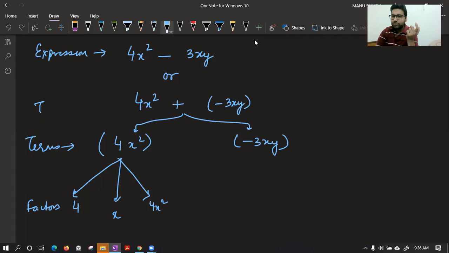That is also a factor of this thing. Okay? We can have more factors. Just an example. Similarly, here also, the factors are minus 3 because minus 3 into xy will give you the number back. Similarly, x is a factor. X into minus 3y will give you the number back, and y is a factor.